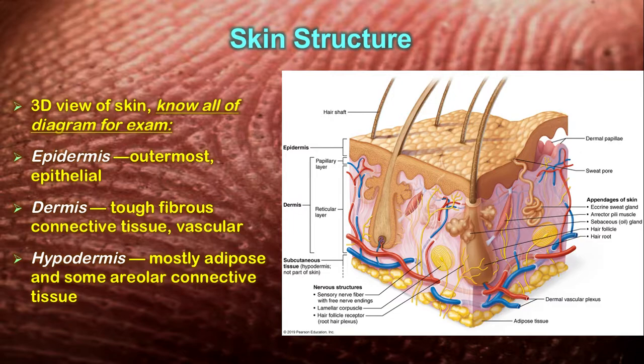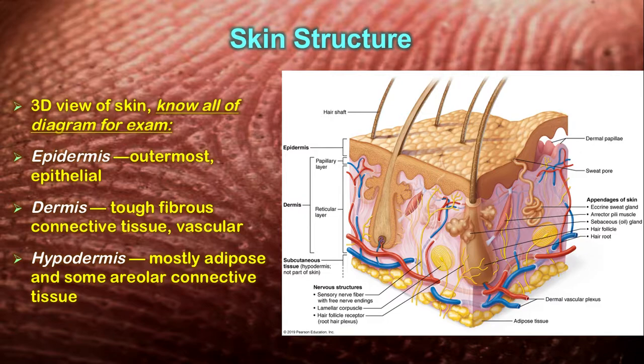The hair follicle is this large part of the hair down here at the bottom. The hair root is the root inside of the hair follicle. The dermal vascular plexus is the collection of blood vessels down here in the dermis. So when you see vascular plexus, think of a collection of blood vessels. And the adipose tissue is the yellow down at the bottom.